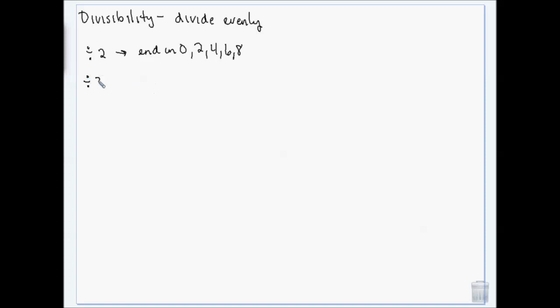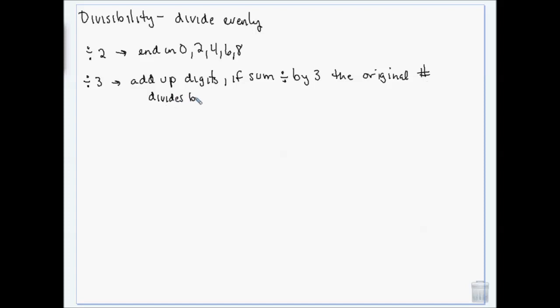To divide by 3, you add up the digits. If the sum divides by 3, the original number divides by 3. If it adds up to 9, if it adds up to 21, if it adds up to anything that'll divide by 3.